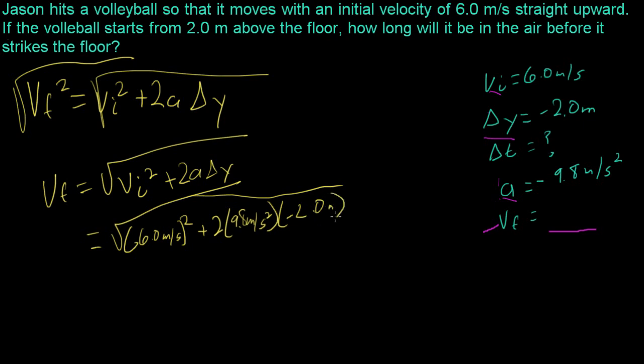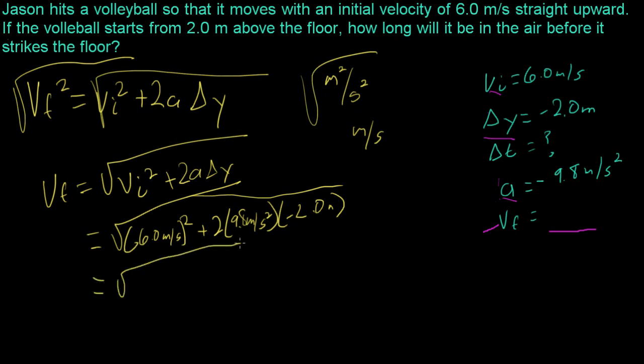Now if we pay attention to our units here, notice that when we square this, we get meters squared per second squared. Meters per second squared times meters is also meters squared per second squared, so these can add. And when we take the square root at the end, the square root of meters squared per second squared is just meters per second, which is what a velocity is supposed to be anyway, so we're in good shape there.